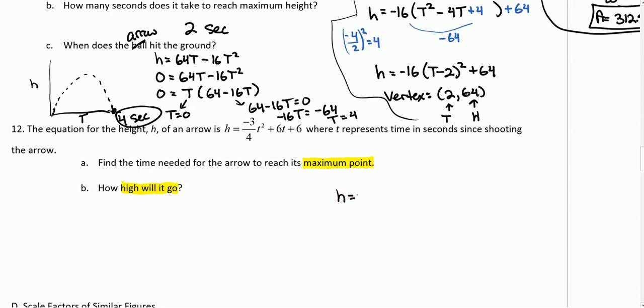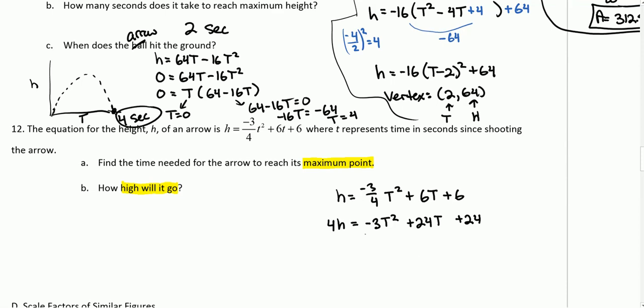So h is equal to negative 3/4 t squared plus 6t plus 6. I'm going to get rid of the fraction first by multiplying everything by 4. And I get 4 times h is equal to negative 3t squared plus 24t plus 24.